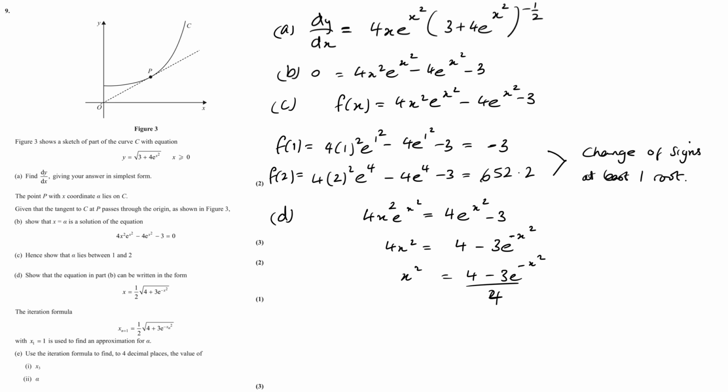Sorry, not over 2, over 4. And then square root in, we get half square root of 4 minus 3e to the minus x squared.